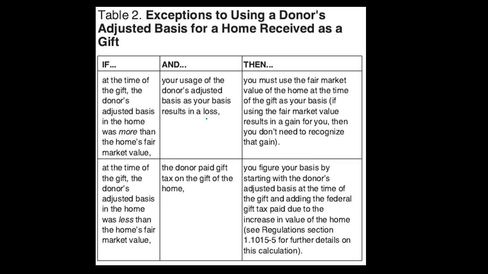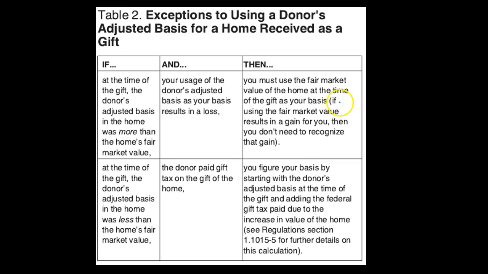Because if you have a loss, then maybe you could take a loss against other income. So the IRS says, there's going to be a loss, we need to stop this somehow. So you must use the fair market value of the home. That will be less likely to result in a loss.